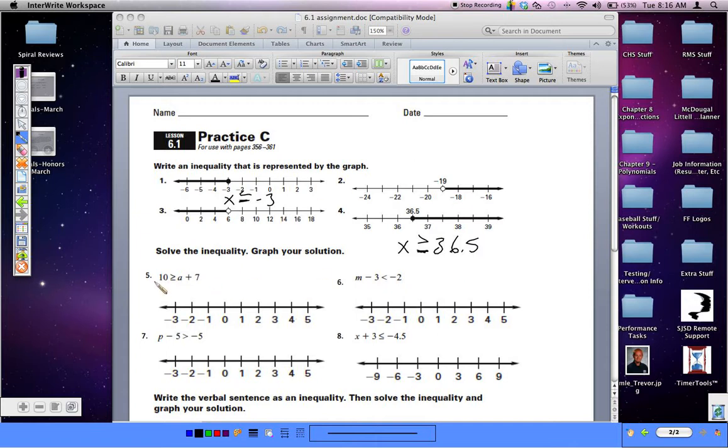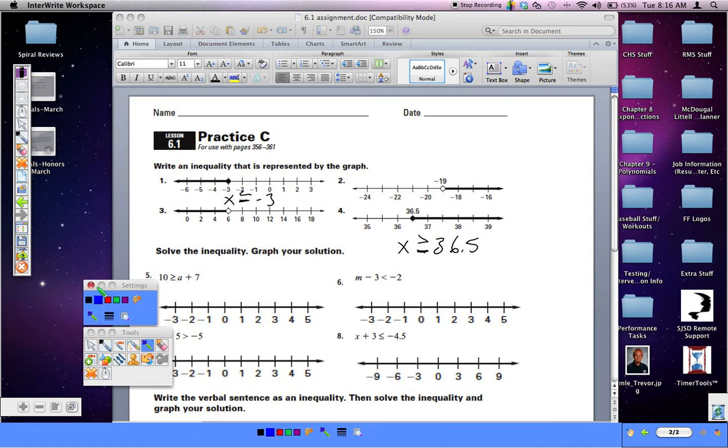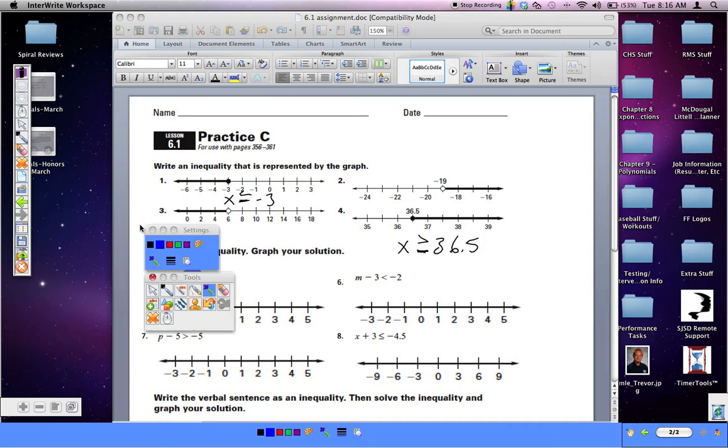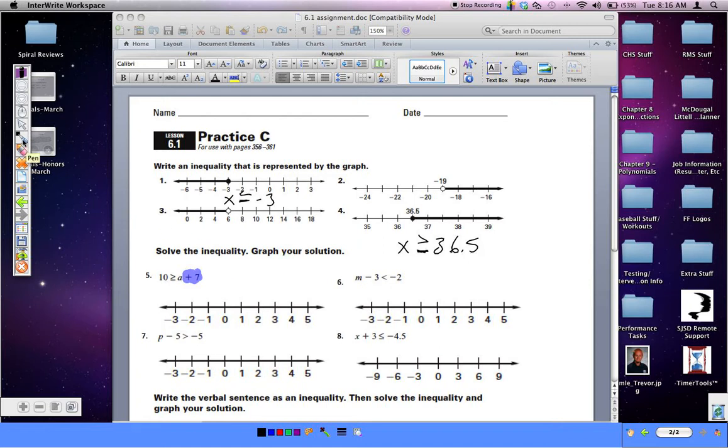When we jump to number 5, it's the same thing, same concept. The only problem is that our variable now has something attached, and we have to get rid of whatever is attached. So this plus 7 needs to move to the other side. We know that we move those by using opposite operations. So there's your hint, opposite operations.